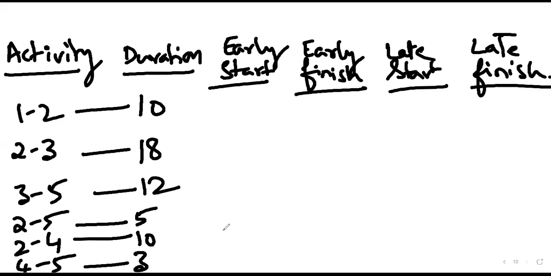Okay. So just take 2 or 3 minutes and fill up these columns: early start, early finish, late start, and late finish. You can just refer to the previous problems and tell me the answer.